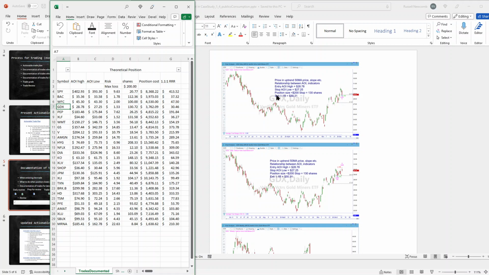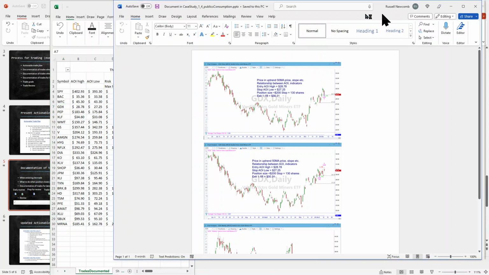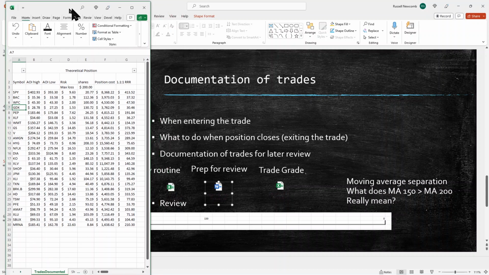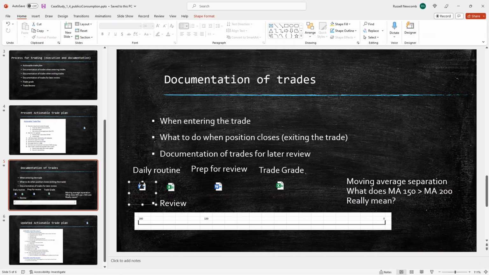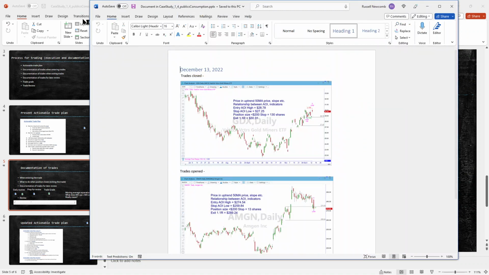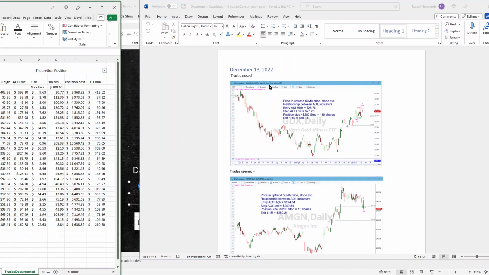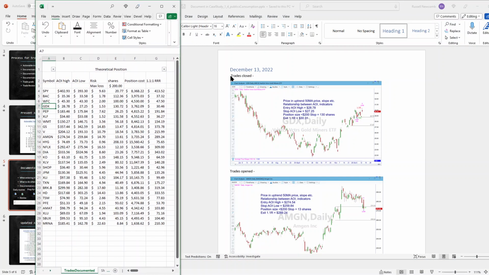For this particular case, it's only needed when you open the trade. Oh, sorry, that's the wrong file. Let me go back over there. The file we want is actually this one here. Okay, so when you open the trade, you can fill out the entire row.